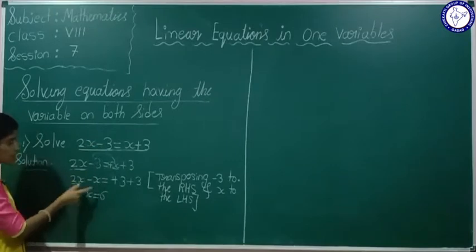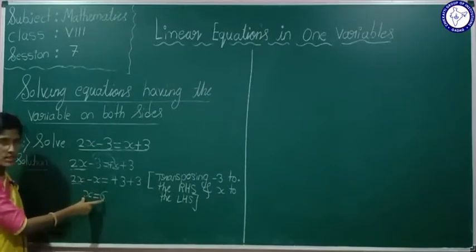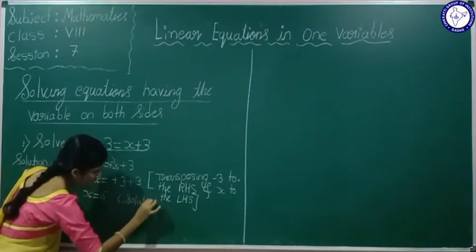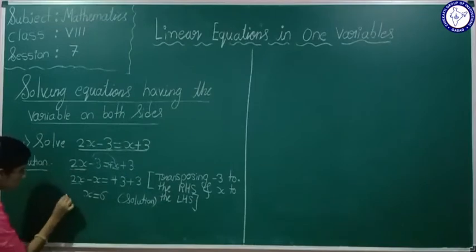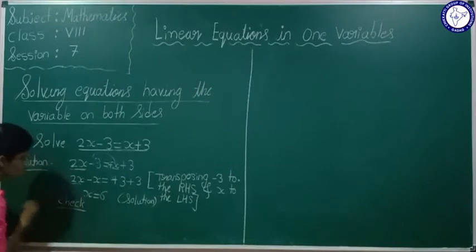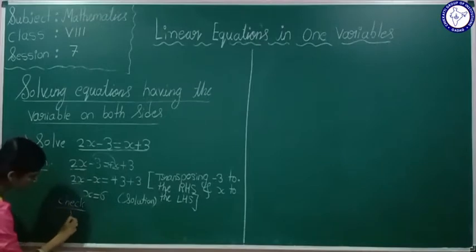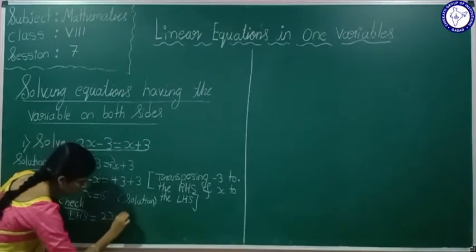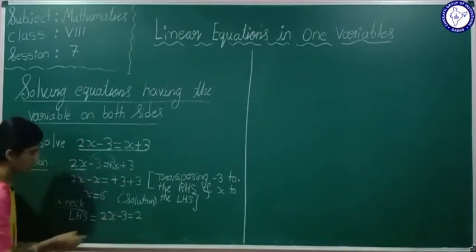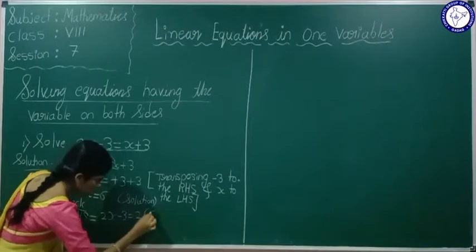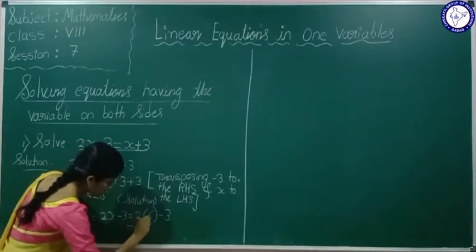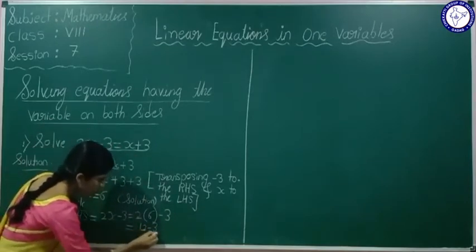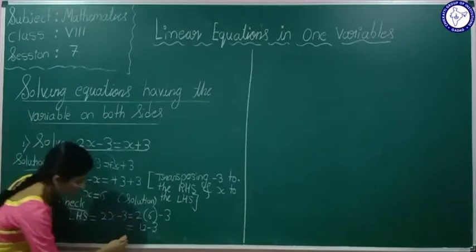Now, whatever value we got, is it correct? We will check it. This is nothing but the solution of the given equation. Now check. x is equal to 6. LHS is equal to 2x minus 3, so 2 times 6 minus 3. 2 sixes are 12, and 12 minus 3 will be 9.